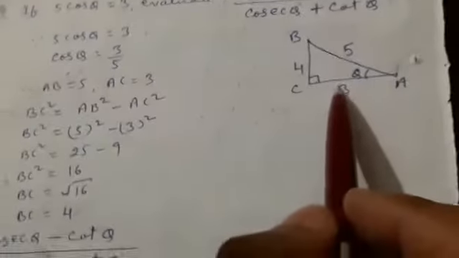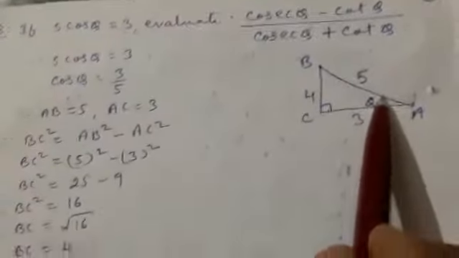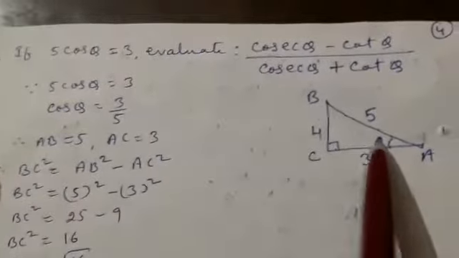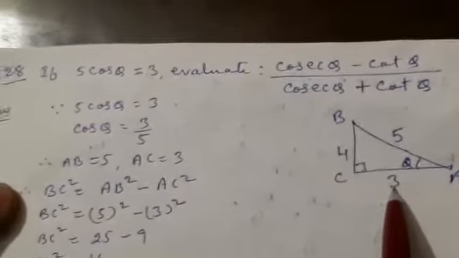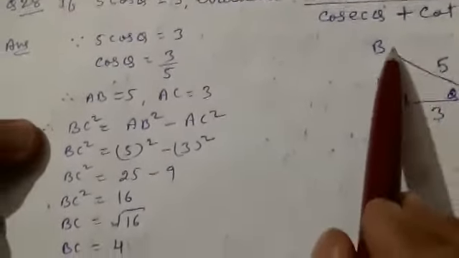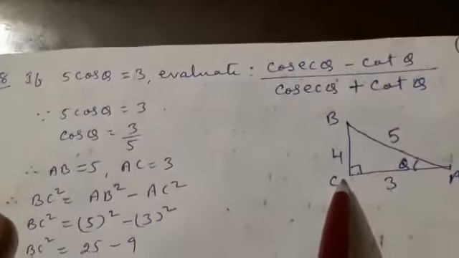Let us assume that this angle is theta. So cos theta is equal to 3 by 5, means B by H, means AC by AB. AC is equal to 3 and AB is equal to 5. So what is the value of BC? Let us find out.